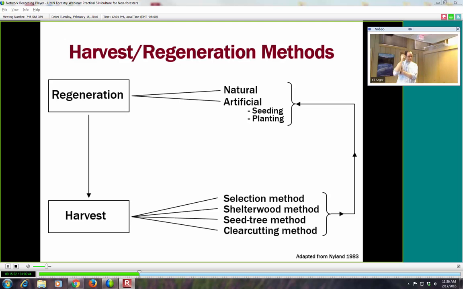Artificial regeneration is regeneration brought in from off-site, so direct seeding, planting, and so on. So we have natural versus artificial regeneration. And for the bulk of this section, I'll be talking about what we see down below, harvest methods: selection. I'll talk about single tree and group selection, shelterwood, seed tree, and clear cutting.